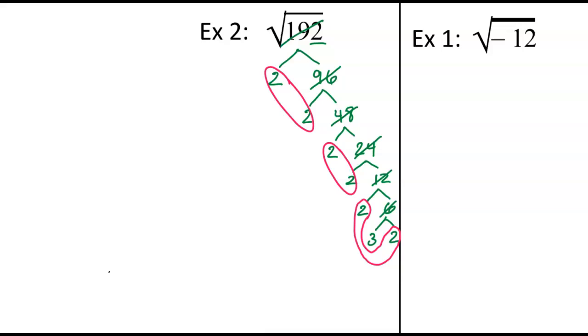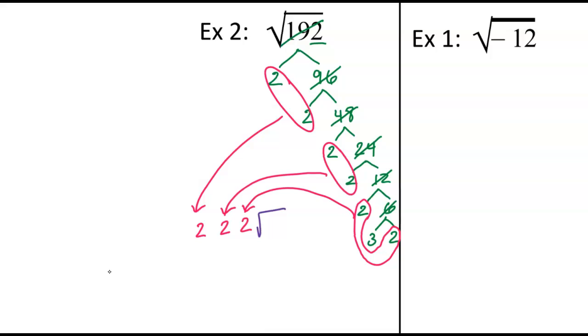So, what goes on the outside of my radical? How many 2's? How many pairs of 2's did we have? 3. So you write three 2's on the outside, one for each pair that you created. But then remember, if there's more than one number, what do you do to them?